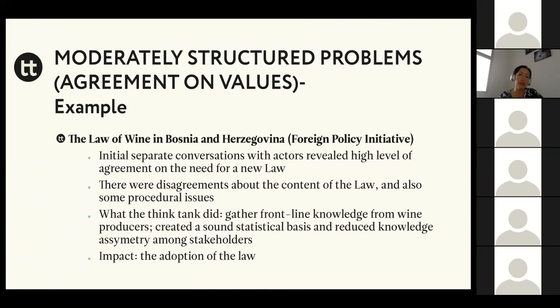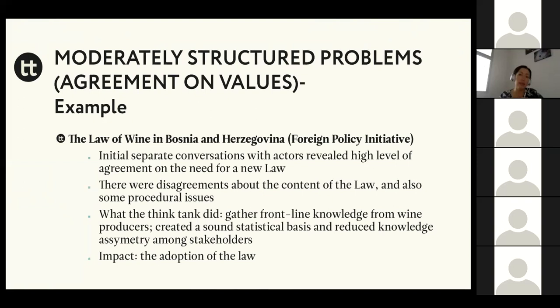As we can imagine, when we're thinking about a law that may have economic effects, economic benefits for certain groups, it's very important to have sound information on what the impacts of a policy can be. And so the think tank did that.